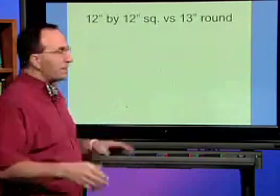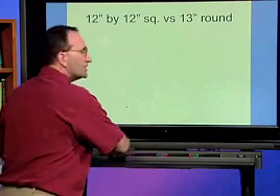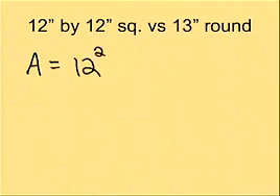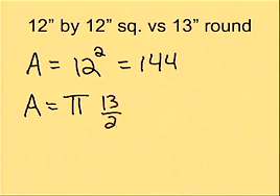To do that, we know that the square stepping stones are 12 inches by 12 inches, which means their area is 12 squared, or in other words, 144. That, of course, would be square inches, but since we're dealing with the same units for the circle, we don't worry about that. The circle's area is pi r squared, and r is the radius, which is half the diameter.